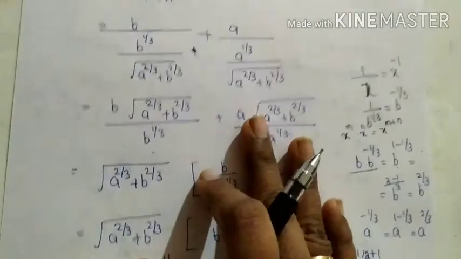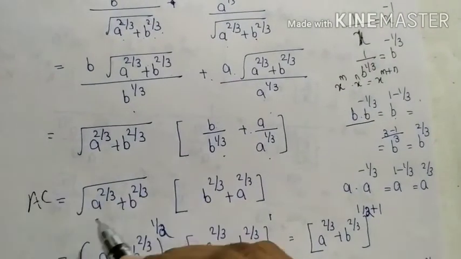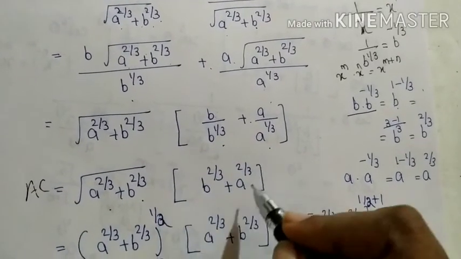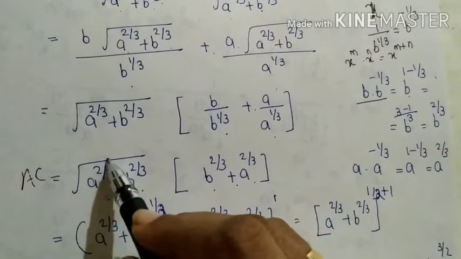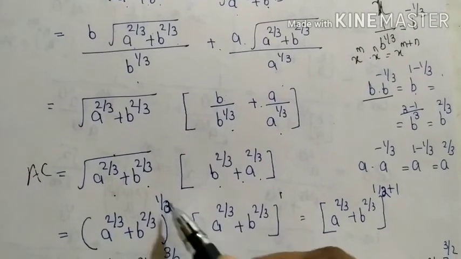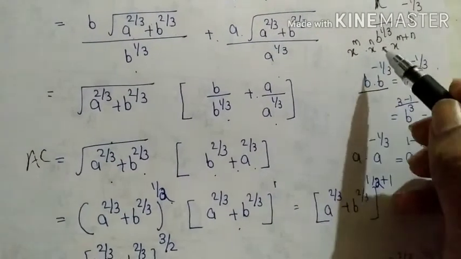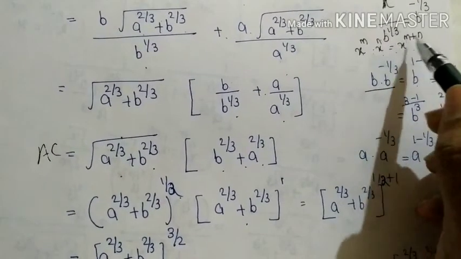And here we get our AC or hypotenuse as root of a raised to 2 by 3 plus b raised to 2 by 3 into b raised to 2 by 3 plus a raised to 2 by 3. And this root means whole raised to 1 by 2. And here again using the law of exponent, x raised to m into x raised to n equal to x raised to m plus n.